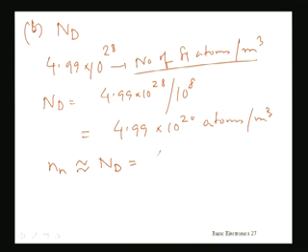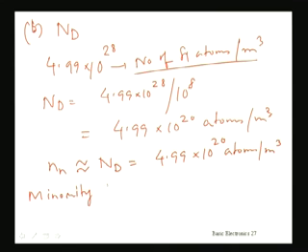So, we can write it as 4.99 into 10 to the power 20 atoms per meter cube. So, now minority carrier density, which is asked. So, obviously minority carrier here will be holes.